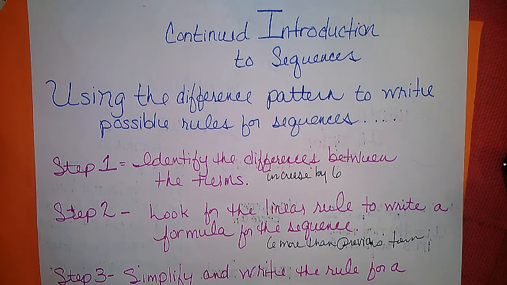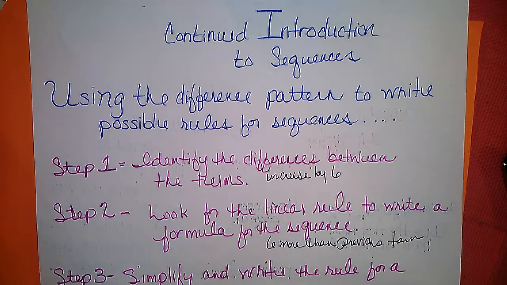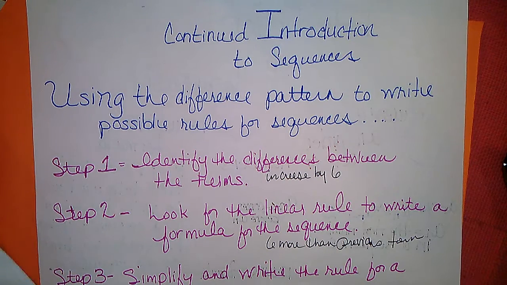Step 3 says simplify and write the rule for A sub n.